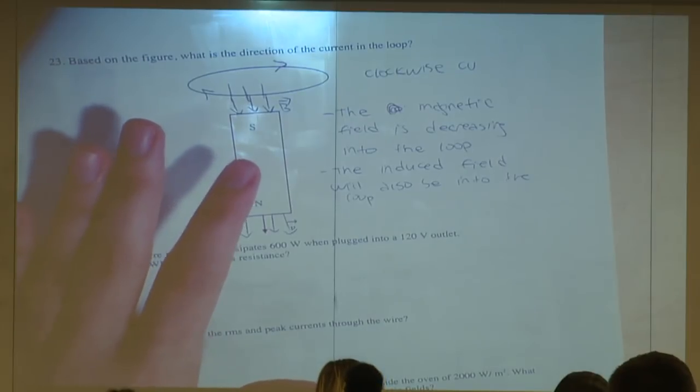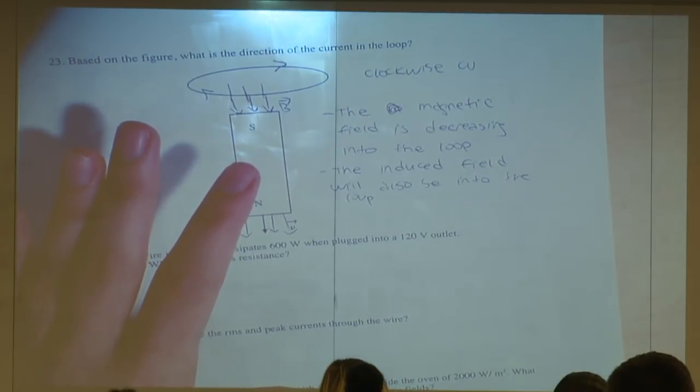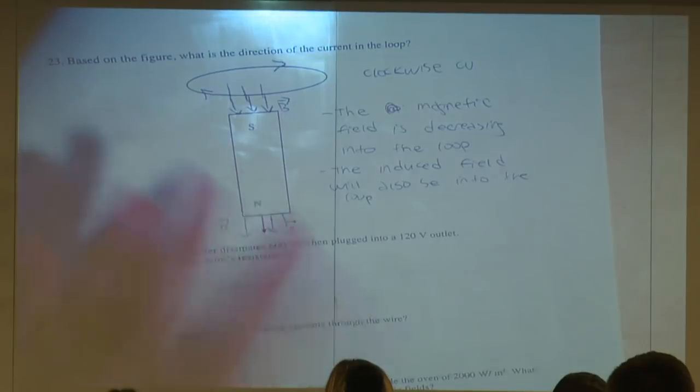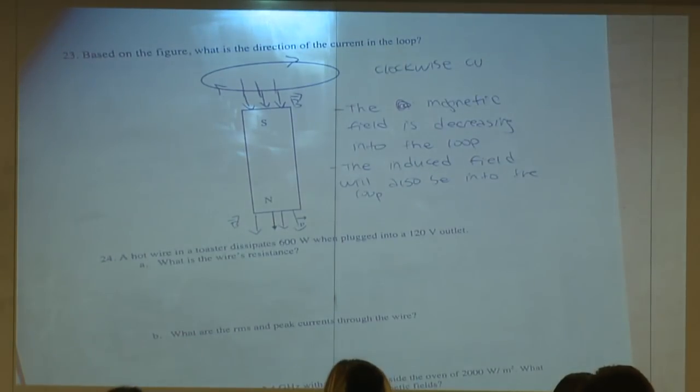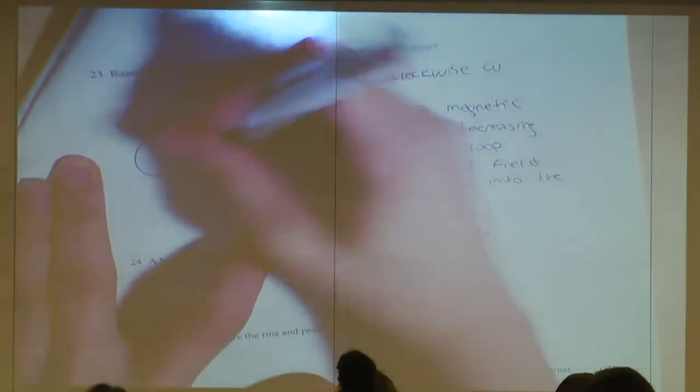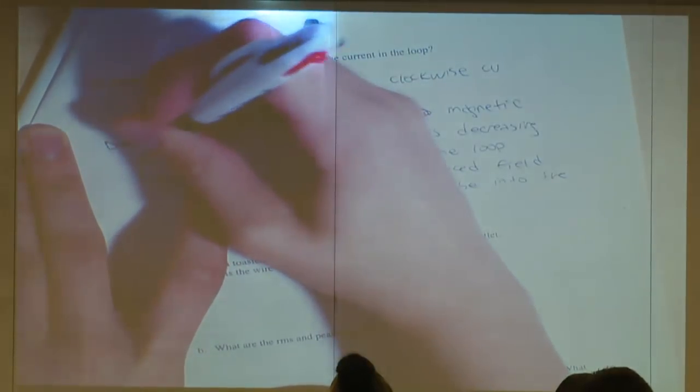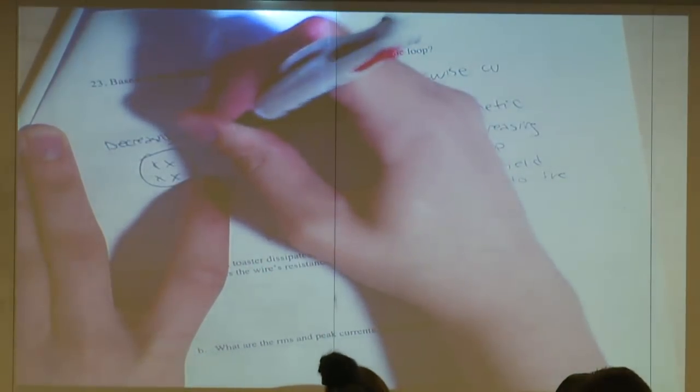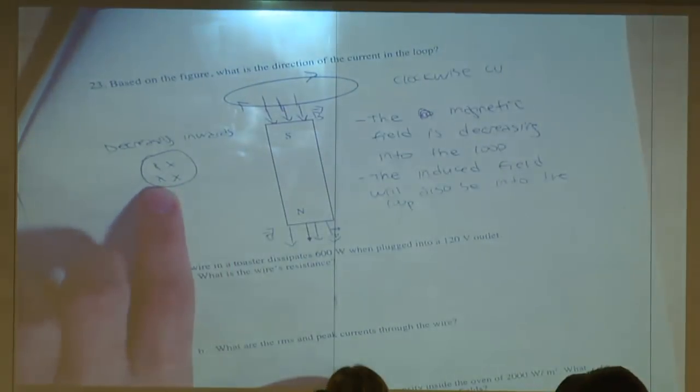Why would you help it out and put it opposite of that lesser direction? I know it's confusing to think about, but just remember, if it's decreasing inwards, the induced field has to be in that same direction, if you guys remember.